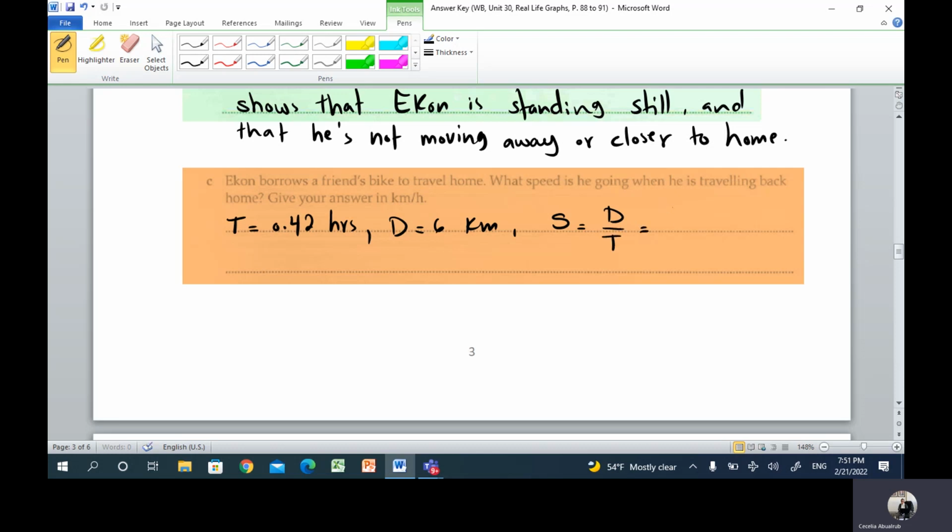So it will be 6 over 0.42, and the answer will be 14.3 kilometers per hour.